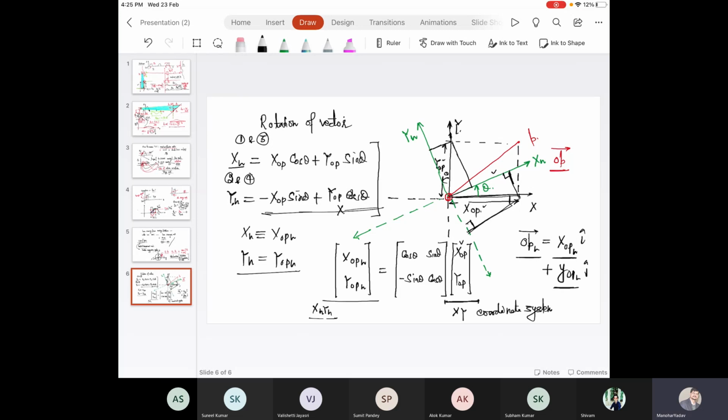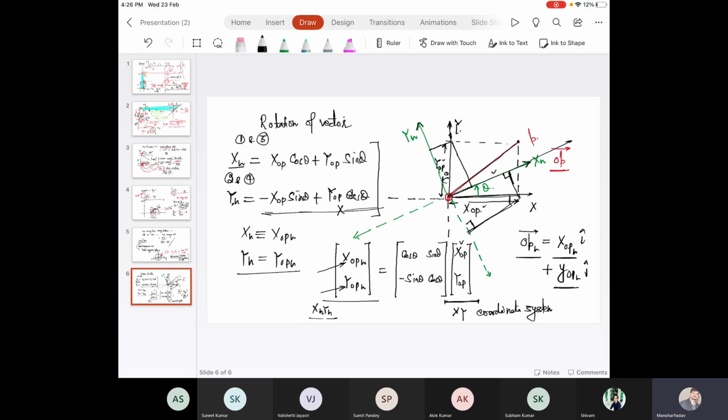So in the new coordinate system, the projections will be xopn and yopn corresponding to the same vector. This is the same. This is not going to be changed. The point P will be same, origin will be same. Only the direction of axes is changed.